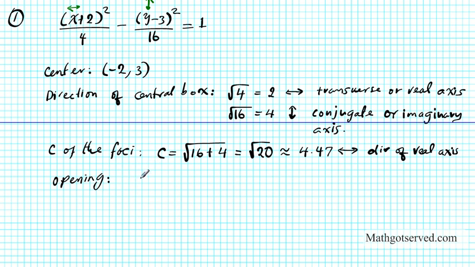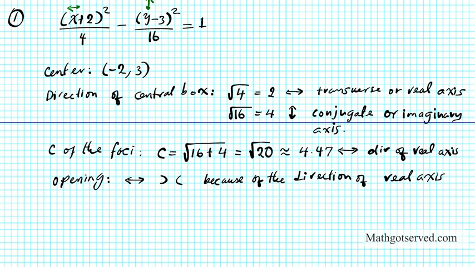So the opening is going to be side to side. So our hyperbola is going to look like this, one to the left, one to the right, because of the direction of the real axis. So if we want to know the direction of our C for the foci and opening, we just follow the real axis. Remember, everything is happening mainly on the real axis.